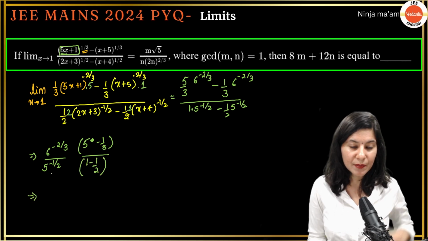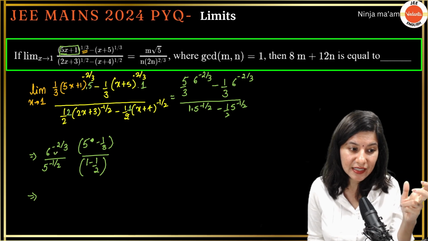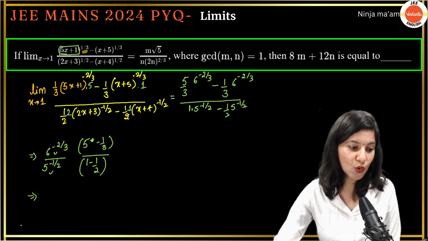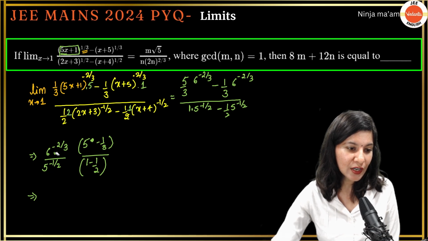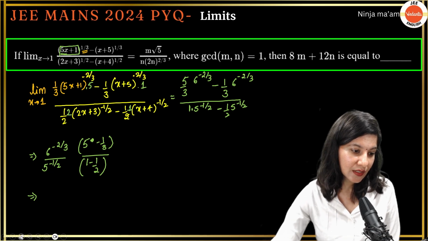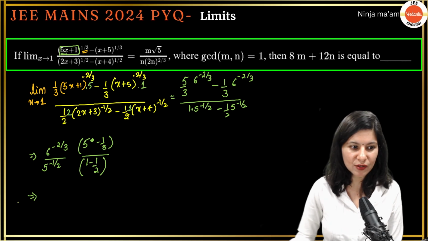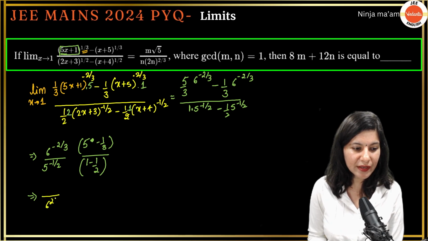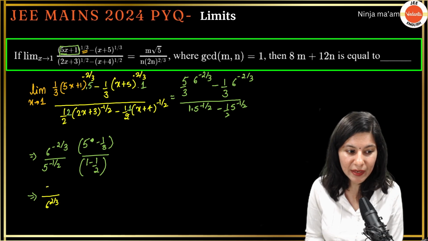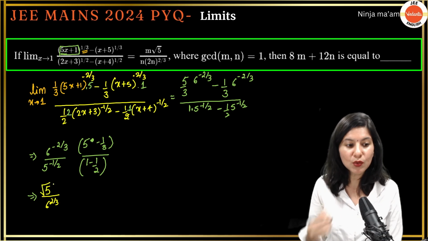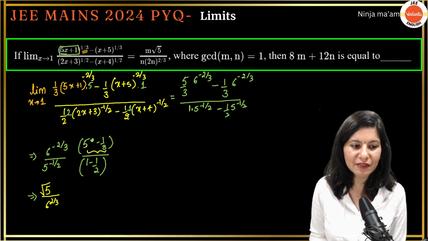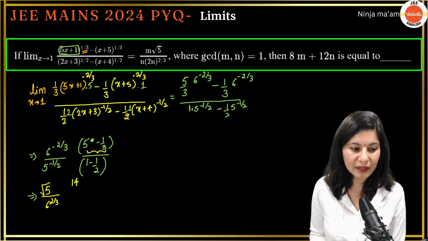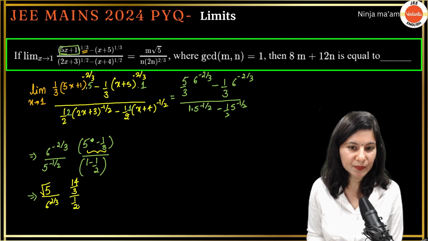Because the power of 6 and power of 5 both are negative, why not take the reciprocal of both. So 6 raised to power 2 by 3, I'm shifting it in the denominator, and 5 raised to power minus half will be root 5 in the numerator. Now 5 minus 1 by 3, tell me, 3 5s are 15, so 14 by 3 and 1 by 2, correct?